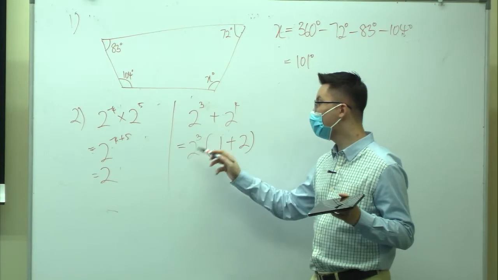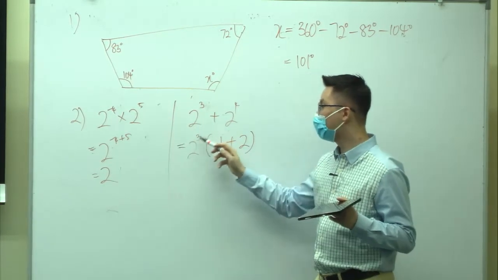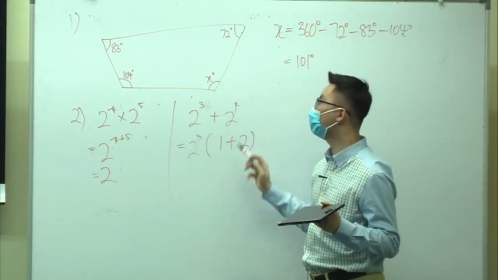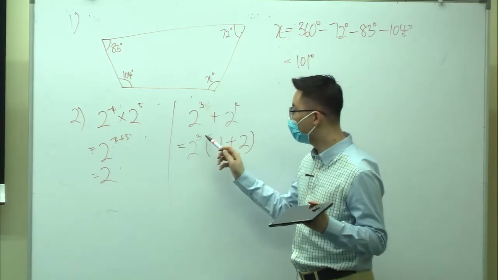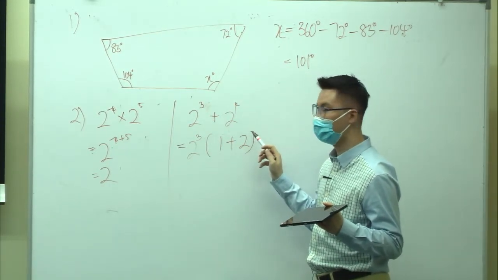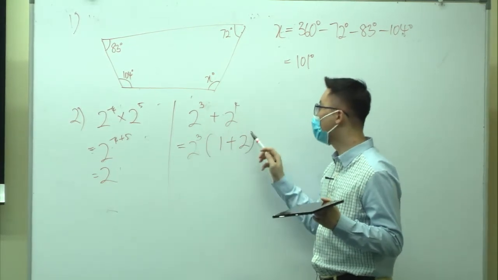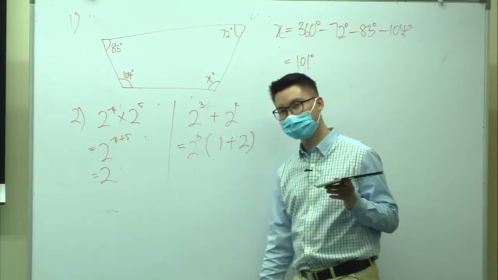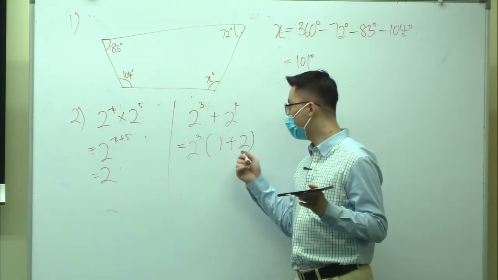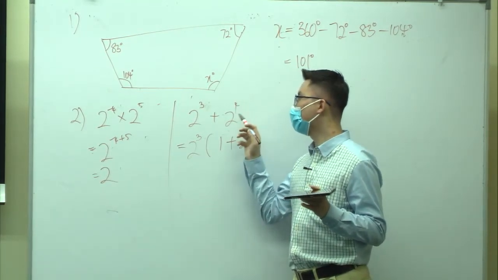When we use the multiplication, 2 to the power of 3 times 2, you will get 2 to the power of 4. Why? Because you just take this power, add this power. This power is 3, and this power is 1. 3 plus 1, so you get 4. That's why this one you left 2. You just need to minus 3.